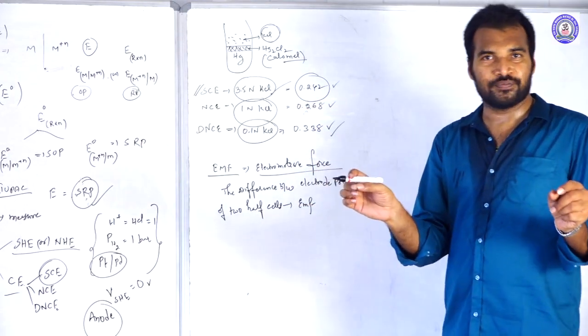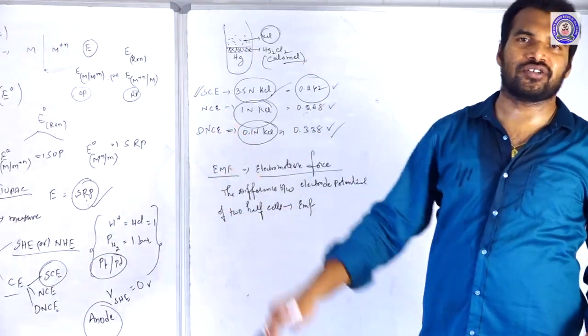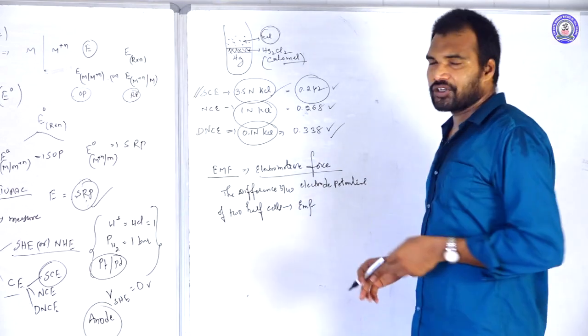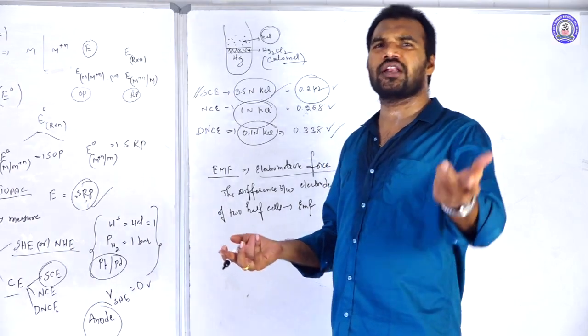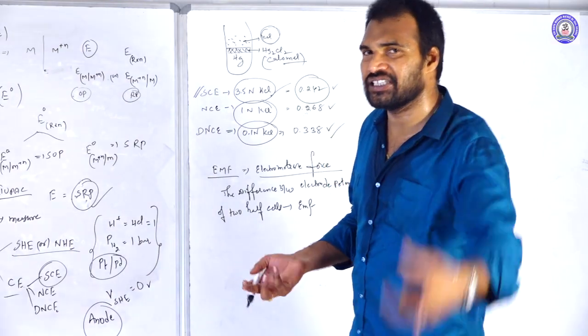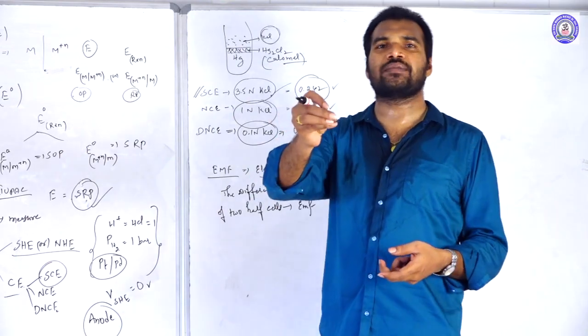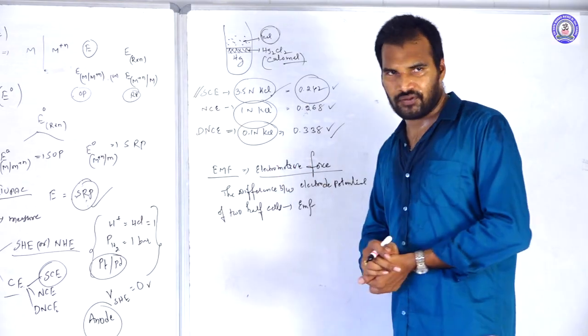The difference between the electrode potential of the oxidation half cell and the reduction half cell, we call it the electromotive force of the cell. So what does EMF stand for? It's nothing but the total voltage that the cell can generate. EMF of the cell means the maximum voltage that the cell can generate.